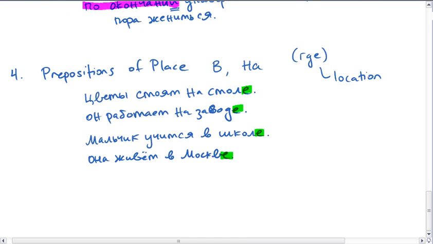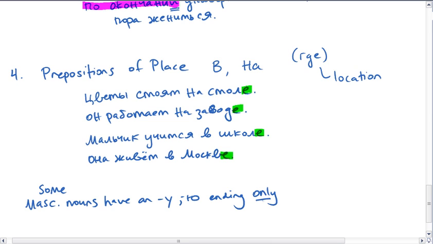It gets a little bit more complicated when we're talking about certain masculine nouns, some masculine nouns, but not all, just some, have a у ending only when you're talking about location.